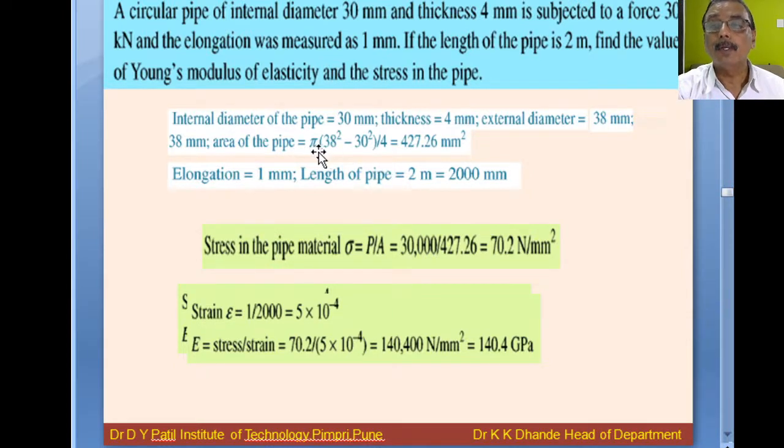So pi by 4 into (38 square minus 30 square) is equal to 427.26 mm square, the cross sectional area of the circular pipe. Put this value here, you will get the stress 70.2 Newton per mm square.